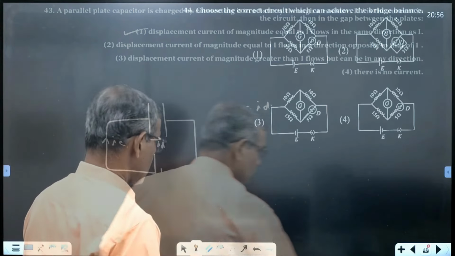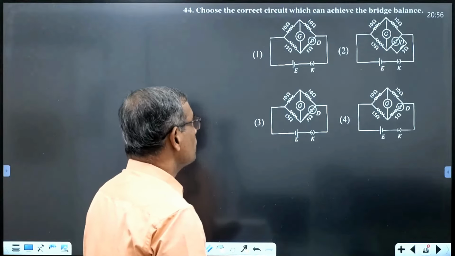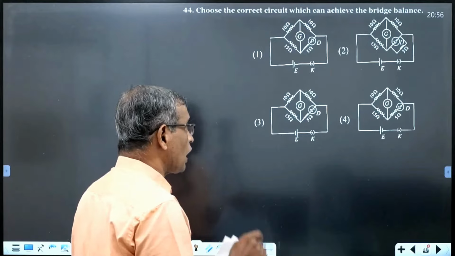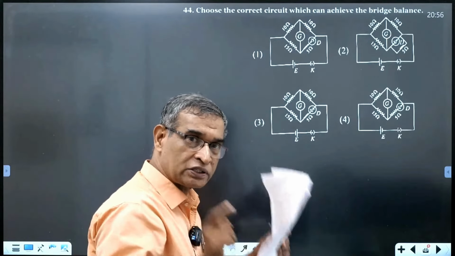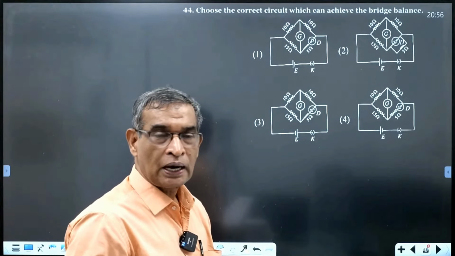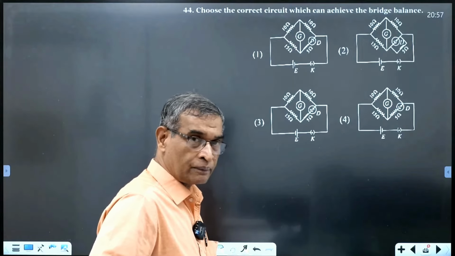Next question, 44. Choose the correct circuit which can achieve the bridge balance. Bridge balance means P by Q must be R by X. Now we have to see out of these 4 options in which one that possibility is there, because one of the branches contains a diode. A diode conducts only when it is forward biased. Otherwise, the resistance in that branch becomes infinite.